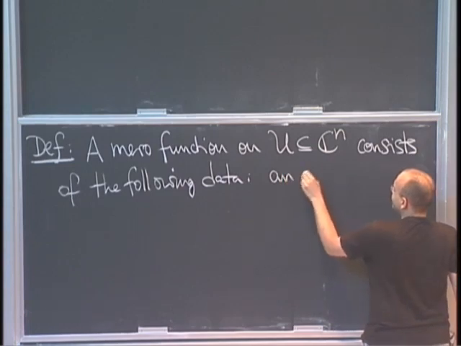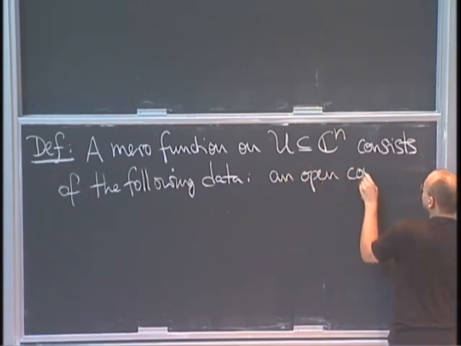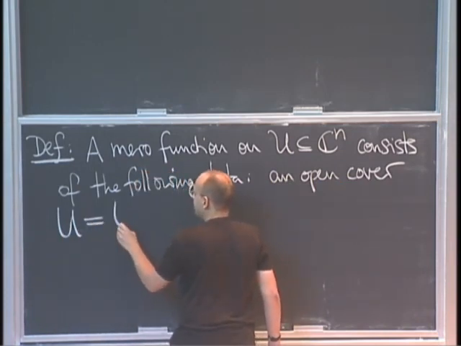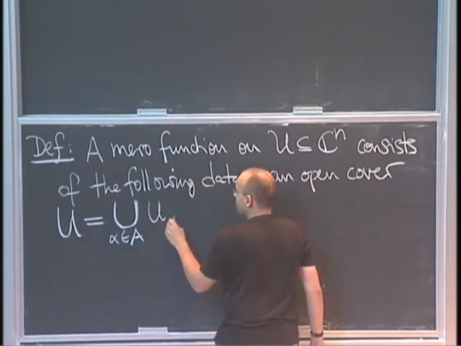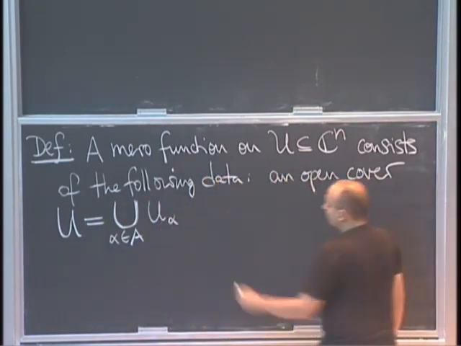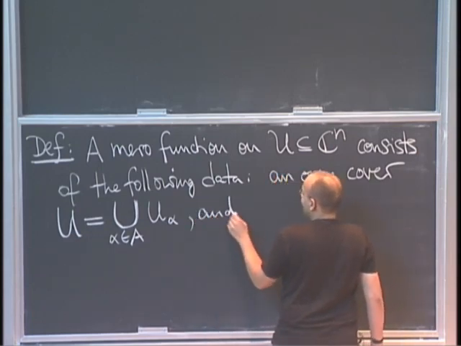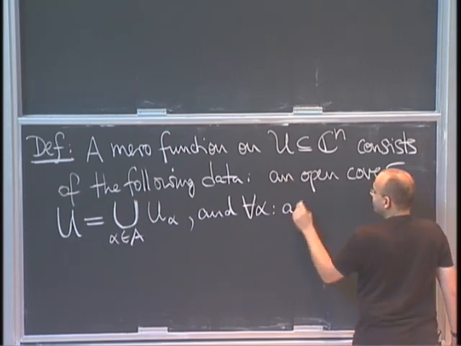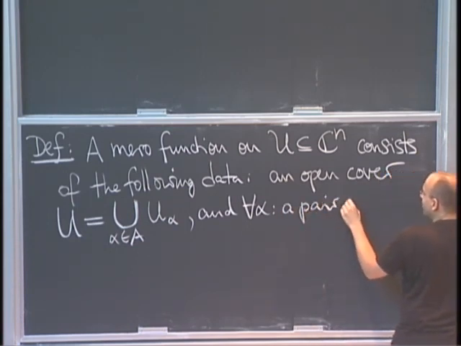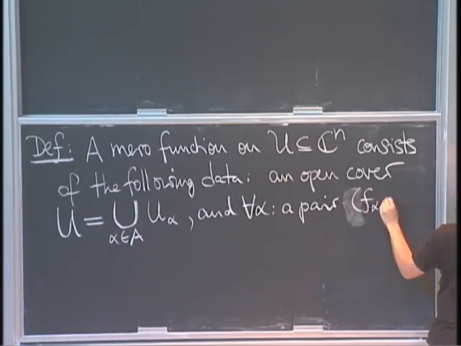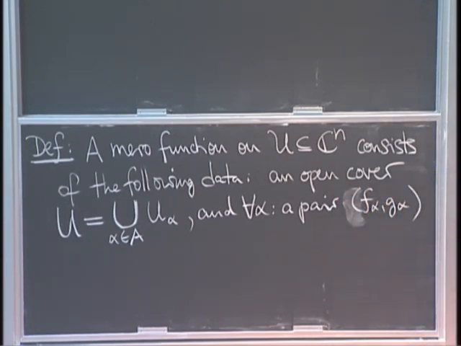An open cover of my domain. So I'm going to write my domain as a union of open subsets U_alpha, with some arbitrary index set. Then for each index, I want to take a pair f_alpha, g_alpha of holomorphic functions on that open set.